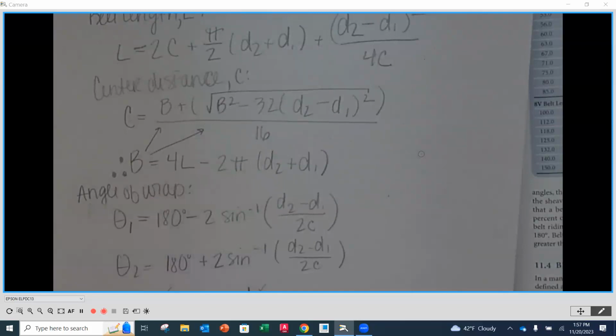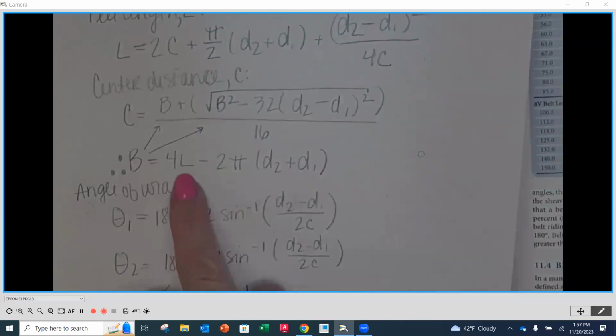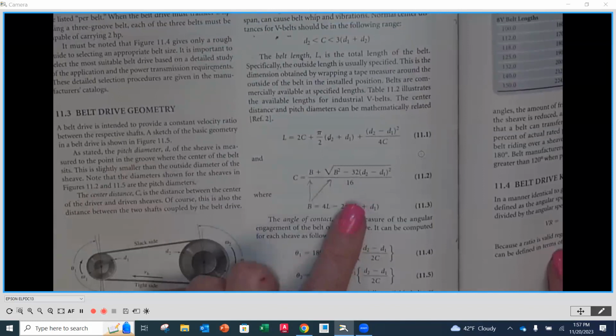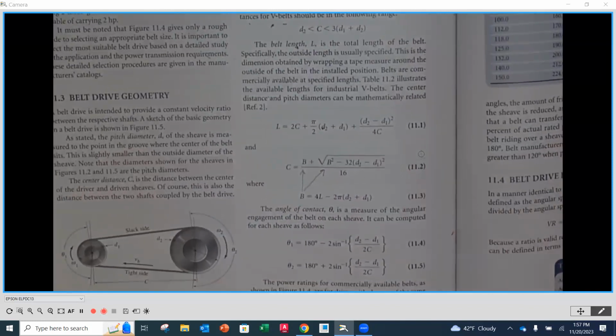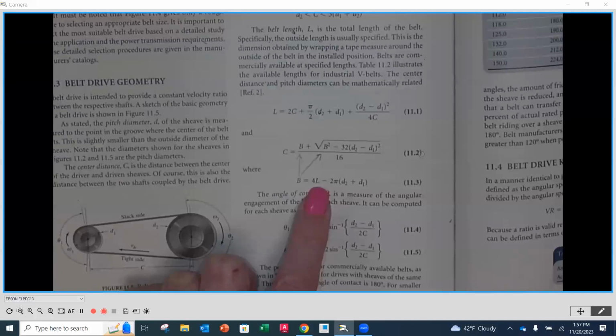Okay. So in this equation, you have to do B first. L is going to be 200 because that's going to be the length that we pick. And then we need to just calculate that center distance. Those equations are found here on page 304. It's these two equations right there, 11.2 and 11.3. So 11.3 is where you're starting with the new length.